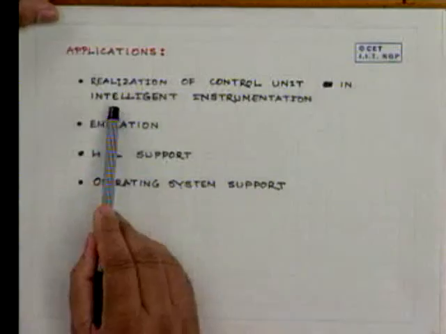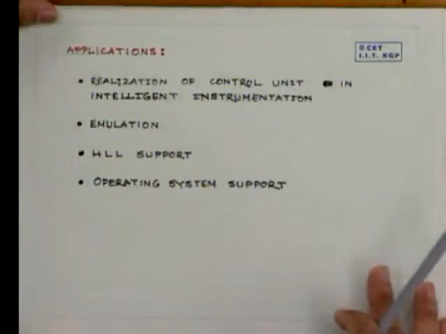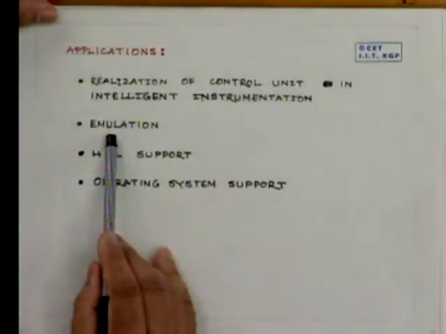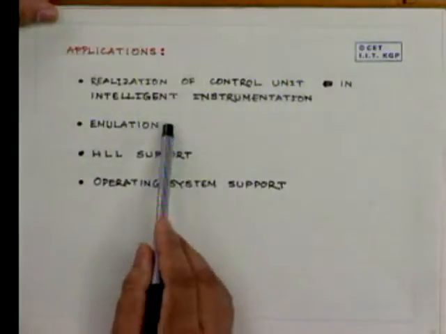If you have the hardware known, and the control points known, according to your own choice and need, you can implement your own control to have your intelligent instrumentation. Then for the case of emulation, you can use that control unit.